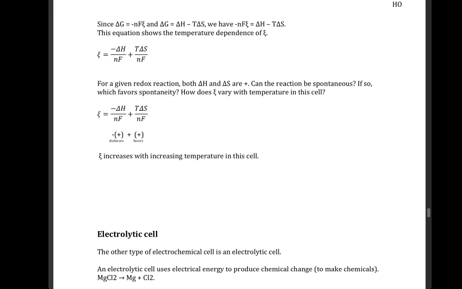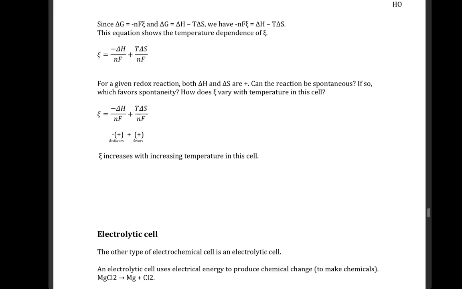Since delta G is equal to minus nFE, and delta G is equal to delta H minus T delta S, that's from last chapter, we have, by equating them, minus nFE from this chapter equals delta H minus T delta S from last chapter.